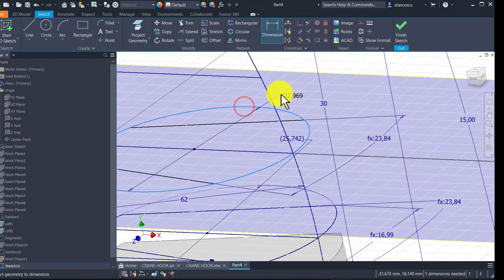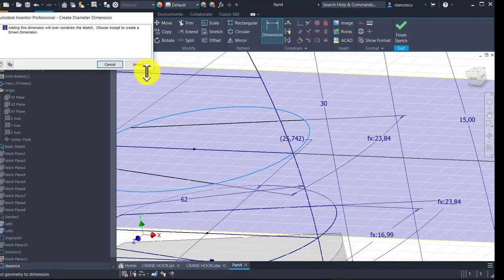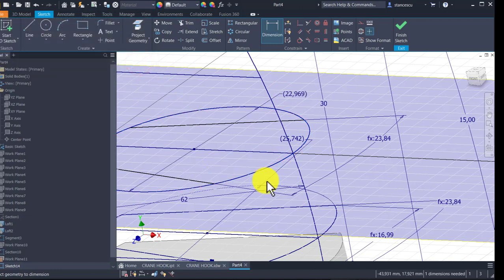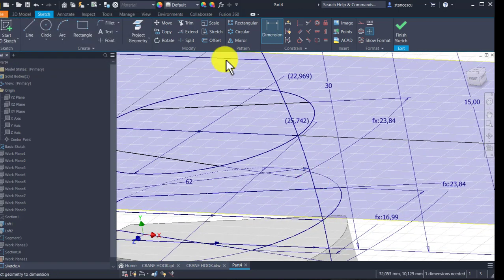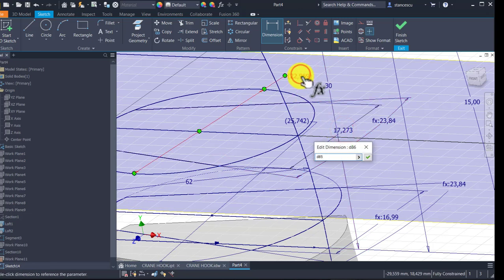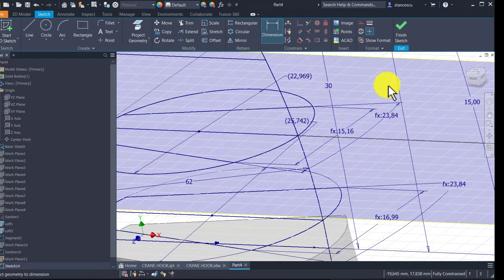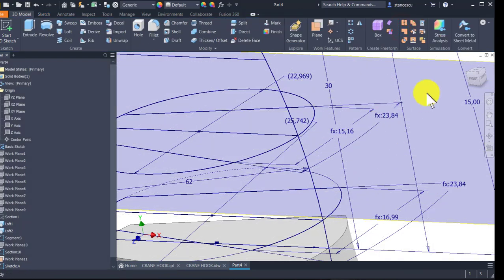Diameter driven. Dimension and the special dimension here made with an expression. Driven, Control V. Okay. We have a system, we have a procedure. We can teach anybody.